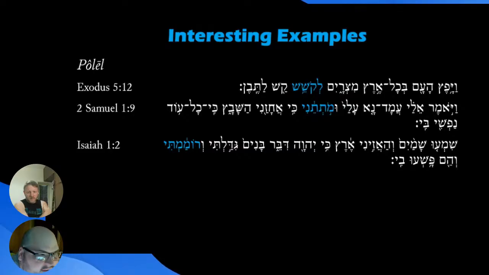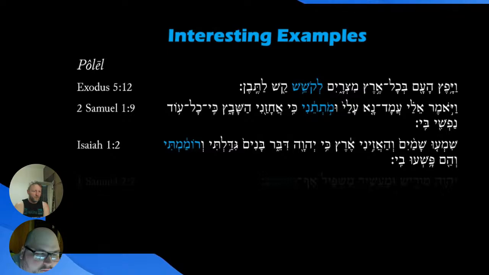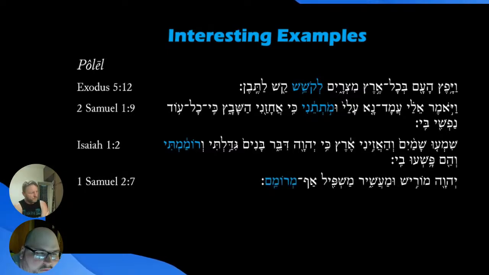They're basically the same, gidalti v'romamti. And they have sinned against me. They've committed crime against me, transgressed against me. So romamti is romem, and the passive would be hitromem. He was exalted.